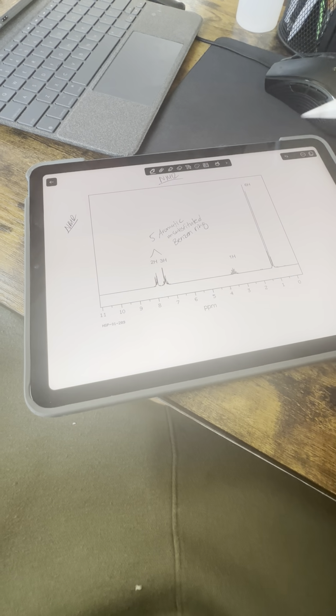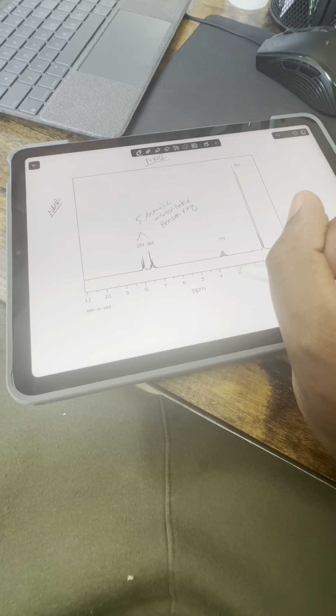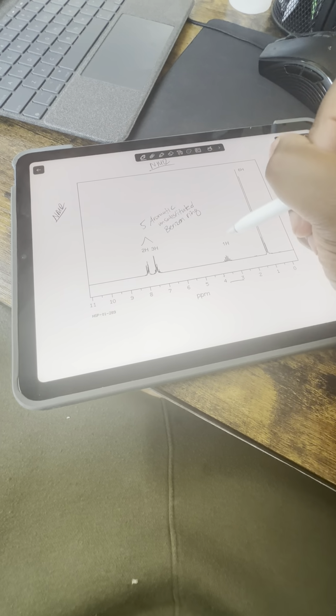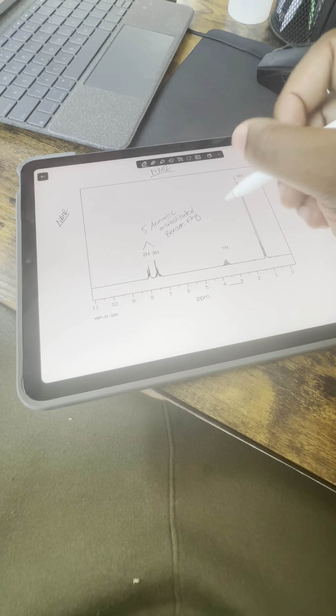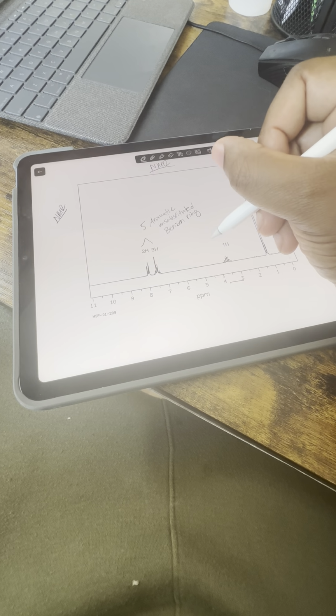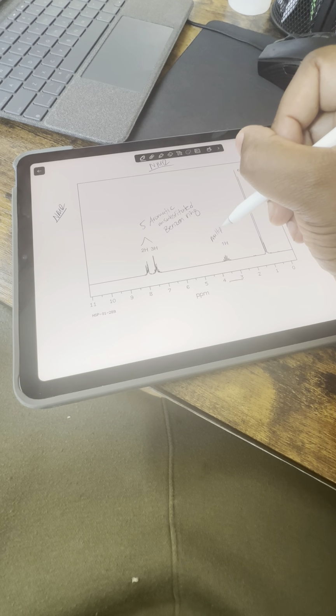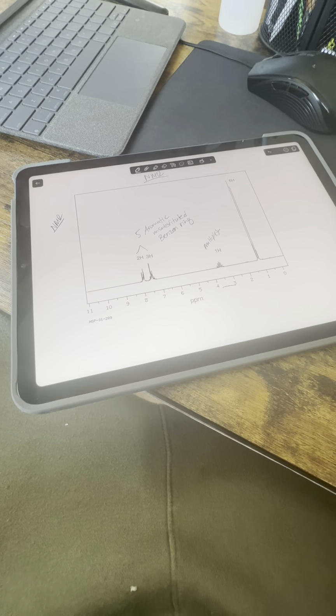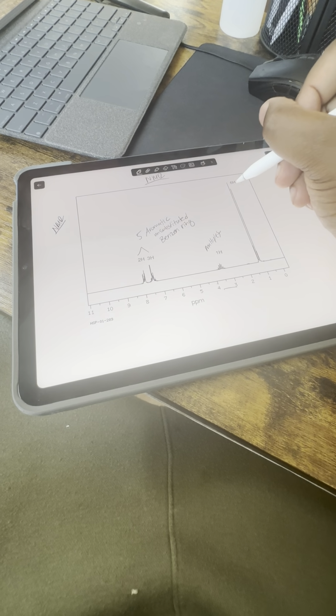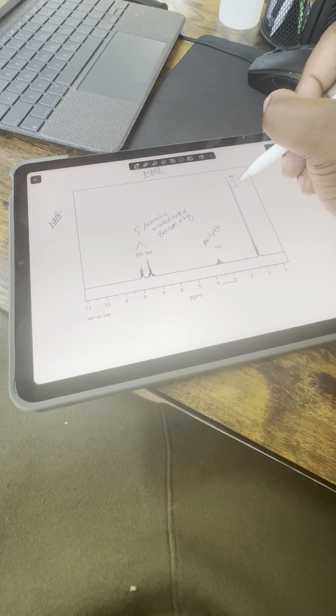Now, if you look at the chemical shift between 3 and 4, you have the 1H integration, which, as you can see by the tips, is a multiplet. And at 1 to 1.5 chemical shift, we have the 6H integration, which is going to give us a doublet.